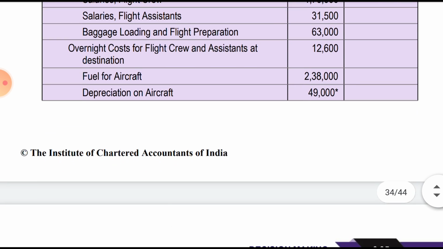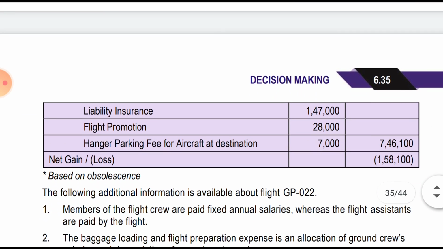Depreciation of the aircraft will be ignored. For liability we consider only 1/3, so 1,47,000 divided by 3, which is 49,000, we deduct. Flight promotion we will deduct. So we are getting a contribution of 2,28,900 profit, whereas initially we were showing a loss of 1,58,100.